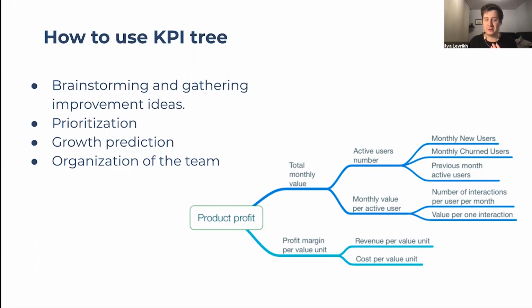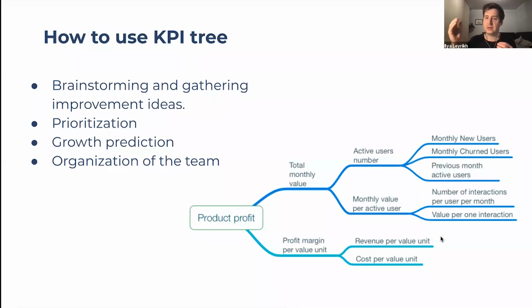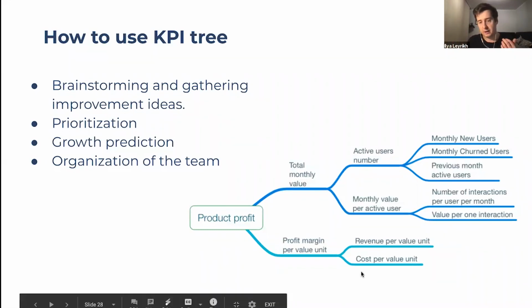The next one is the growth prediction, and I will not stand too much on this actually. If you have the forecast for the branches of the tree, usually it's relatively simple to forecast those branches at the end of the tree. Costs are usually quite stable.